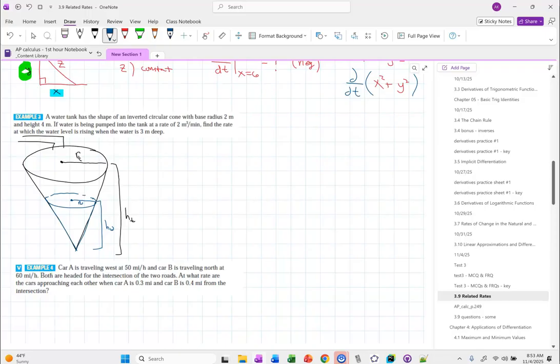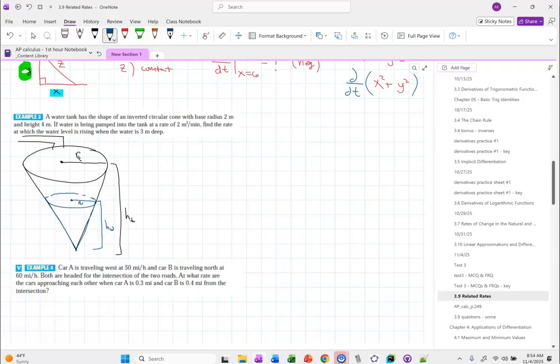Why did I care about the radius and heights? How did I know those were going to be the quantities in question? Because the dimensions of a cone are given as radiuses and heights, right? Remember from geometry?